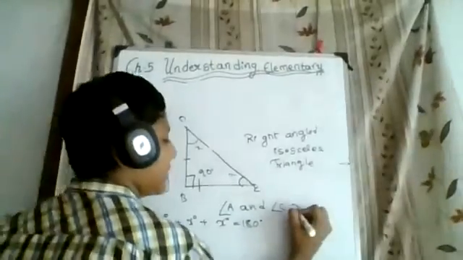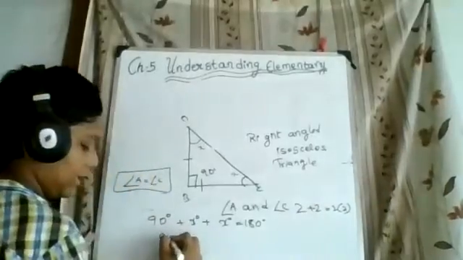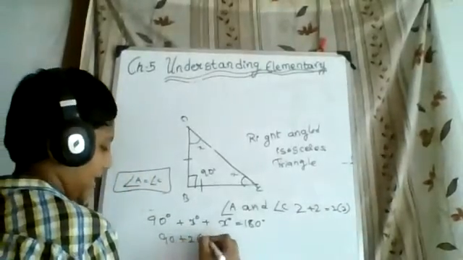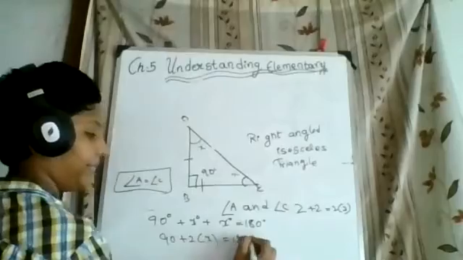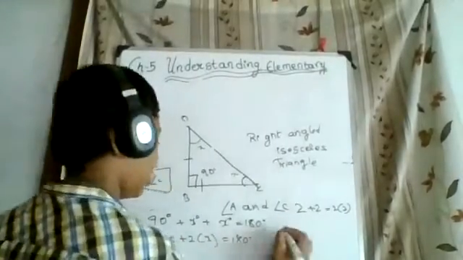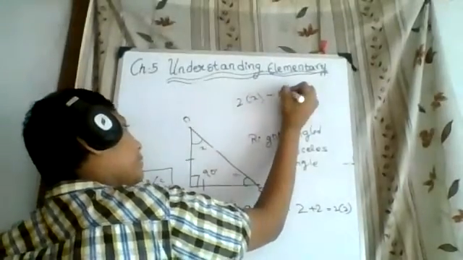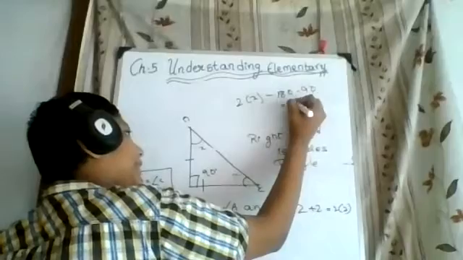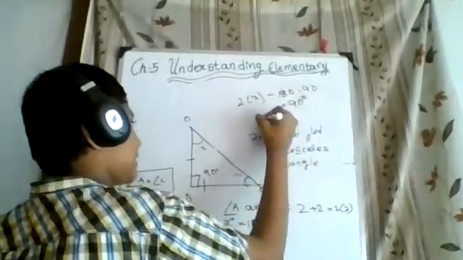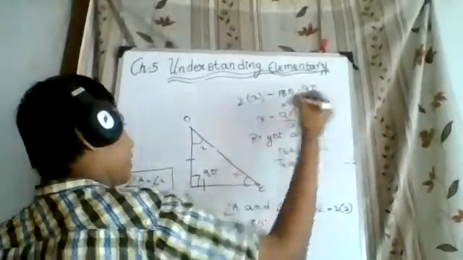So 90 plus 2 into x gives 180. Now 90 transfer this side, it will be minus. So 2 into x is equal to 180 minus 90, 90 degrees. So x is equal to 90 by 2, that is equal to 45 degrees.